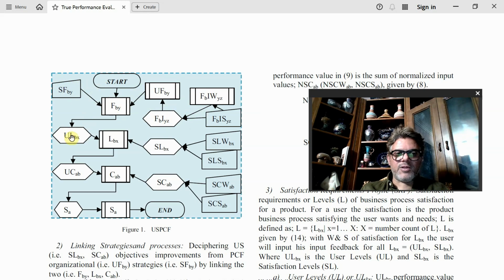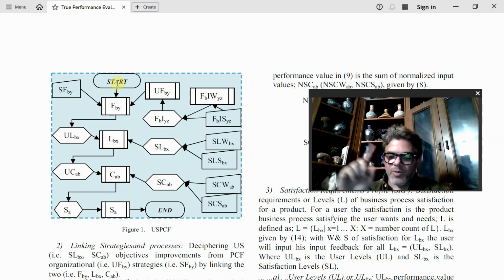Of course, we're going to have the user levels, then the levels, then the user categories, then the categories, multiply this by this, multiply this by this, and then adding, you get the satisfaction union, you get the total satisfaction. It's just adding, and see the start comes from here, the start of performance evaluation.